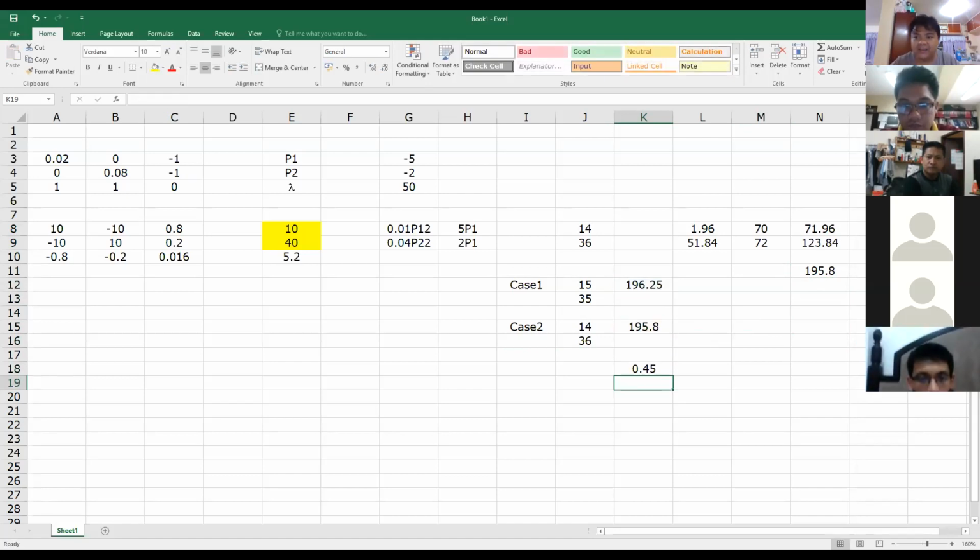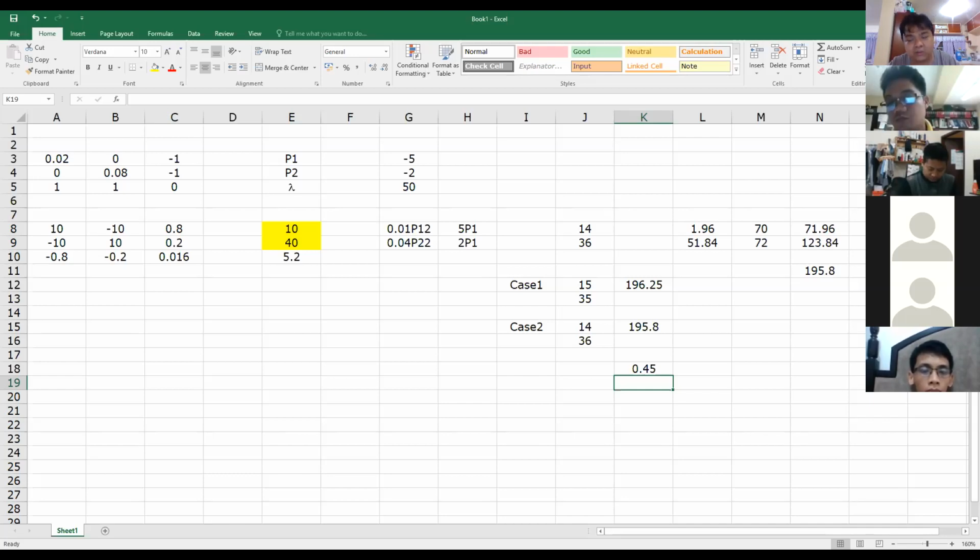So, roughly around 0.5. So, ang ibig lang sabihin yan, nakakapagpababa, kasi negative eh, no? Cost would have been lowered by 0.5 peso per kilowatt hour should it have been able to produce 1 more megawatt.